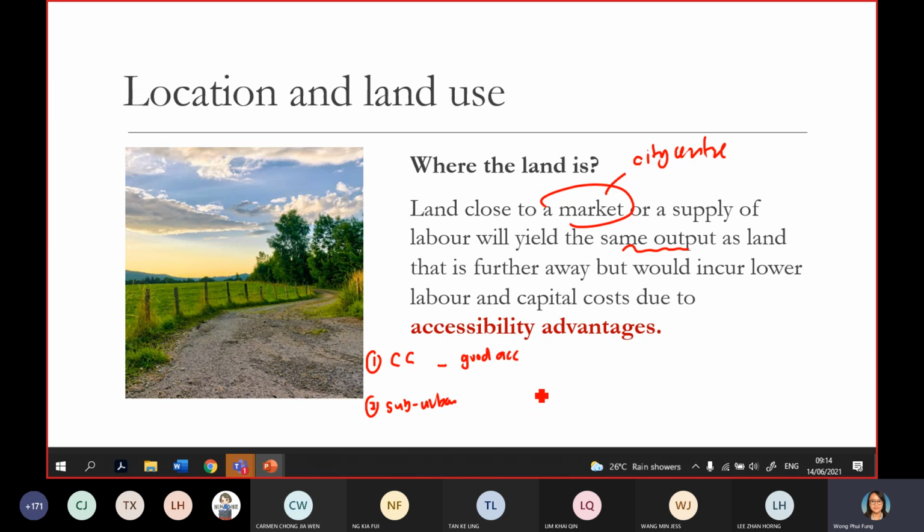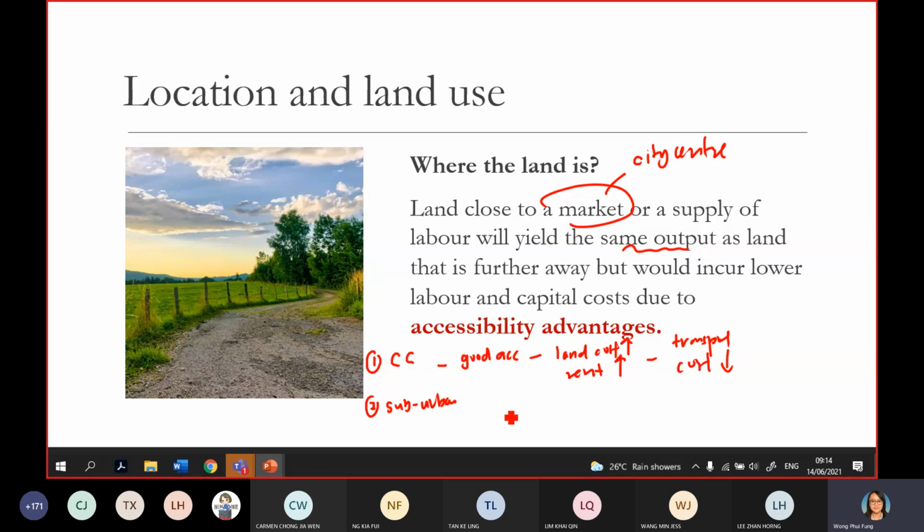The customer flow is also quite high in the city center. That is what we mean by good accessibility. But in the city center, there is a problem that the land cost is expensive. Rental in that case is also very expensive. But no choice, because with good accessibility, the transport cost is lower.